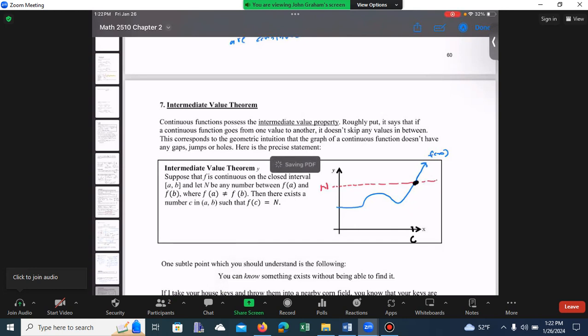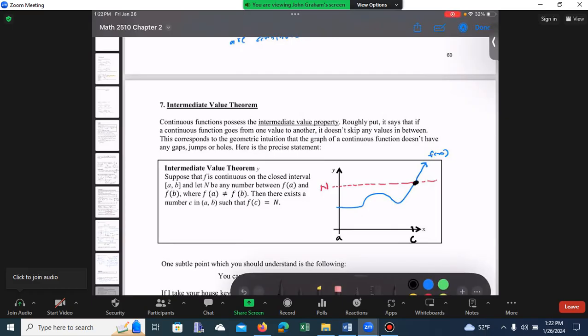So suppose f is continuous on the closed interval AB. AB is going to be from here, on the x axis, to up here, so it's beyond C. And let n be a number between f of A and f of B. So here's f of A, and up here will be f of B. So n is a point in between.